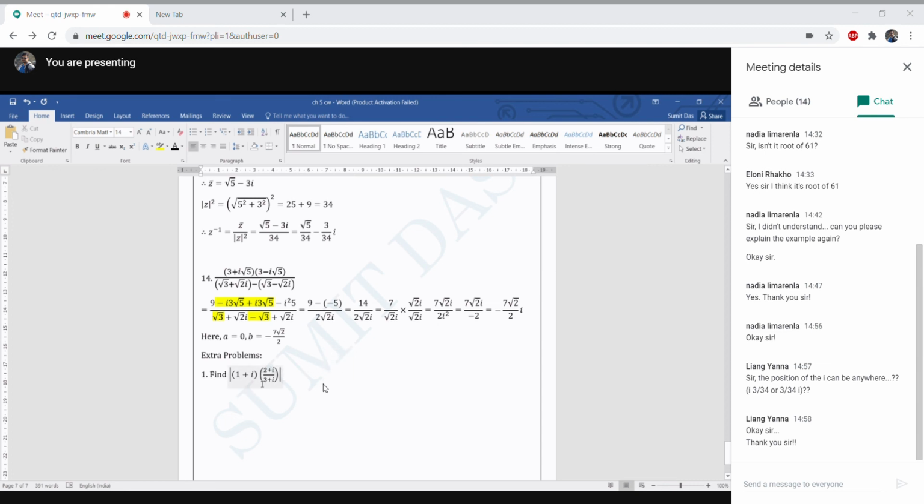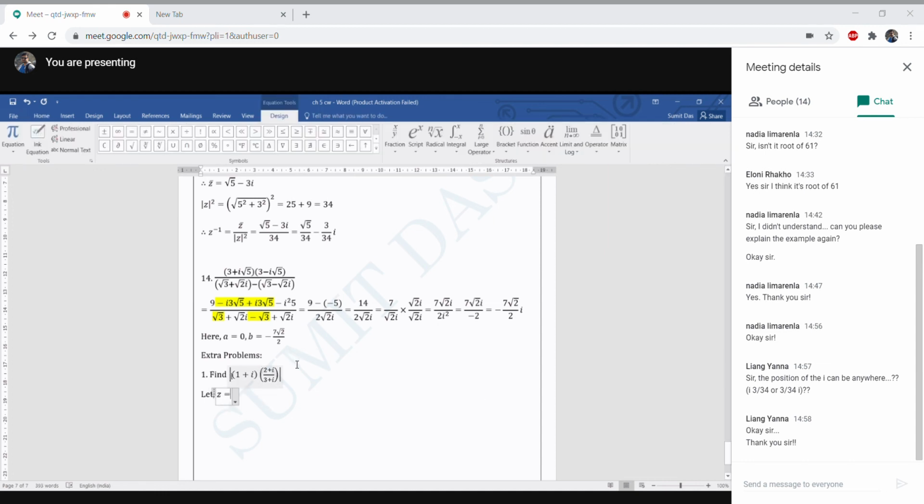In this question, the question asks to find the modulus of this one. So let z equal to this. After this we can simplify. The numerator will be 1 plus i and 2 plus i, the denominator will be 3 plus i.